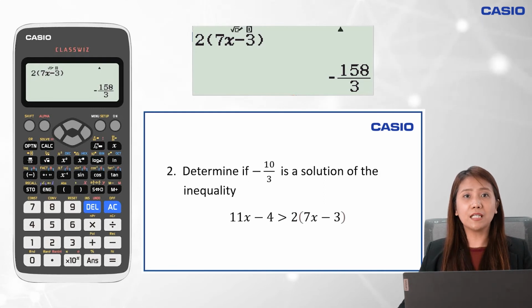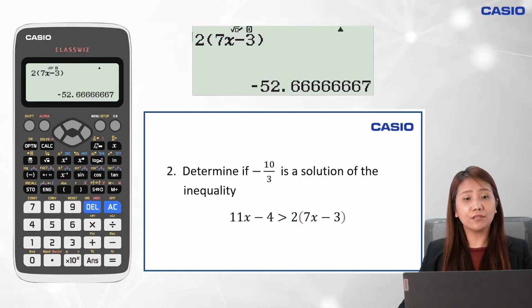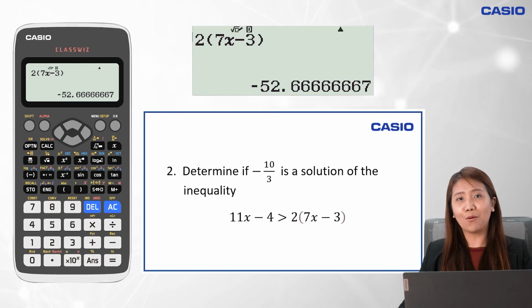To change to decimal, let's press the standard form to decimal form, SD, and the value is approximately negative 52.67. Since the first side, which is negative 40.67, is greater than the second side, which is negative 52.67, the given is satisfied, then negative 10 over 3 is a solution of the given inequality.